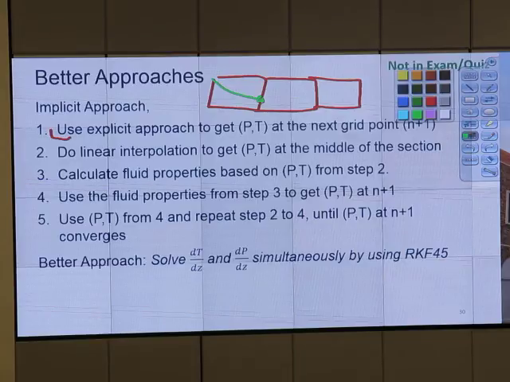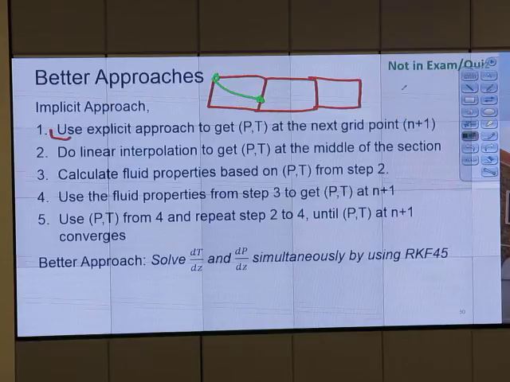That temperature is based on the fluid property defined at the inlet, not the fluid property at that point. Not good, right? So there's some discrepancy between the fluid property that you use and the actual fluid property because it changes with temperature. So then what you do is you use the explicit method to get the temperature at that point.